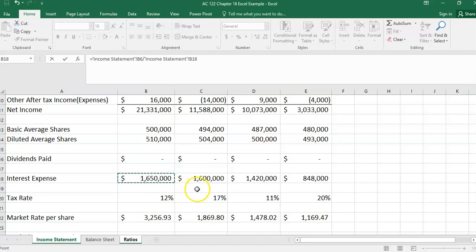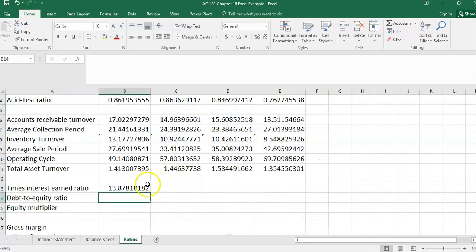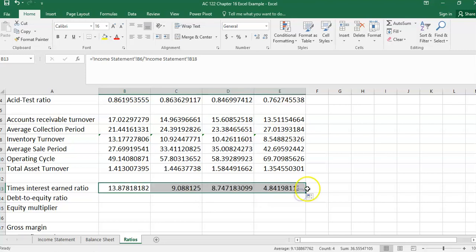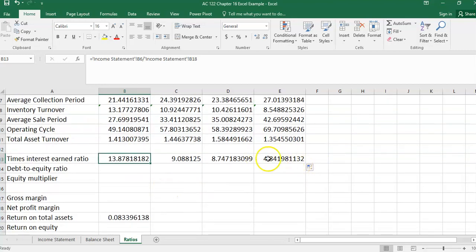If you don't know the interest expense, you can't really calculate the times interest earned ratio. So we are able to cover our interest. This has greatly increased since 2017. So we've really increased our ability to pay interest payments and any long-term debt.